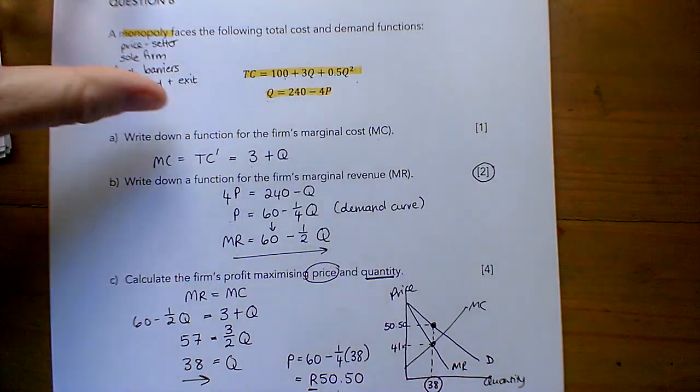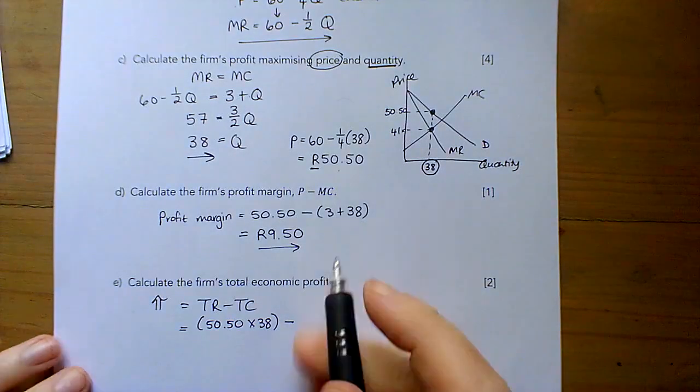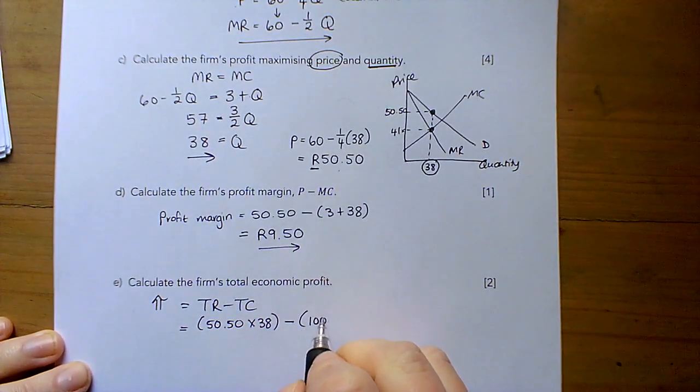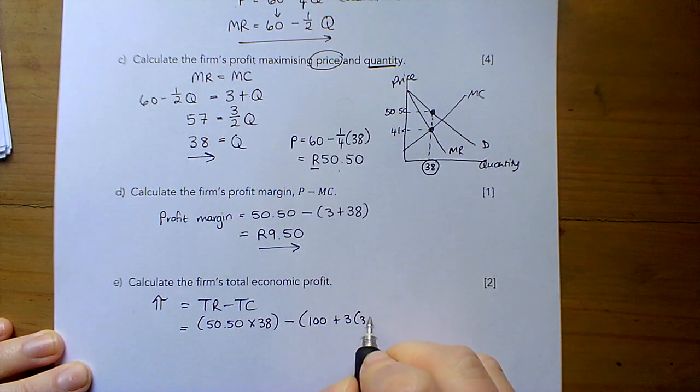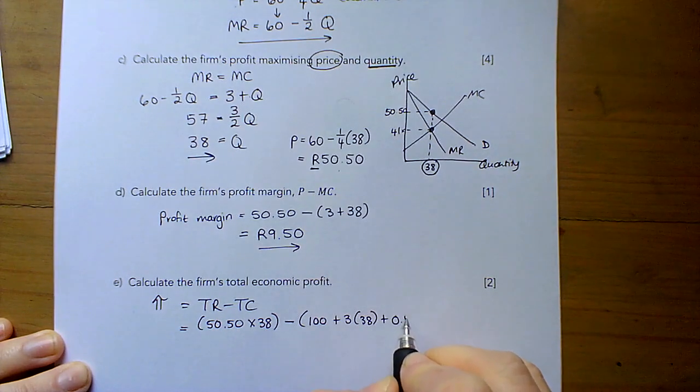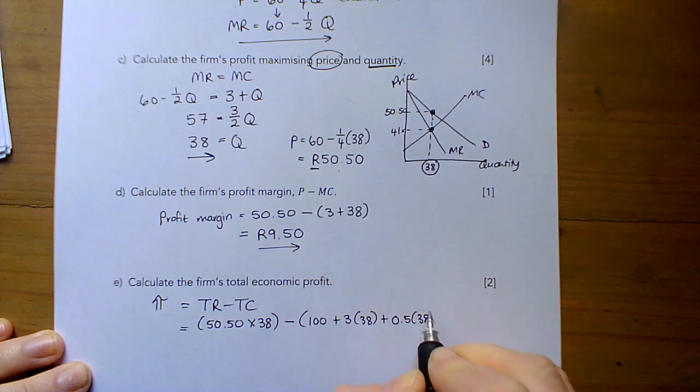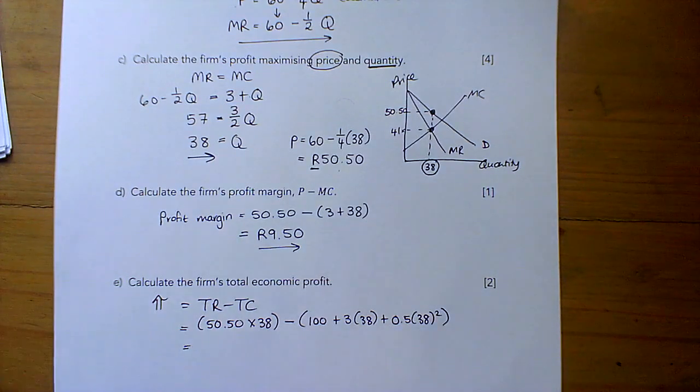function up here. And so total cost is going to be 100 plus 3 times 38 plus 0.5 times 38 squared.